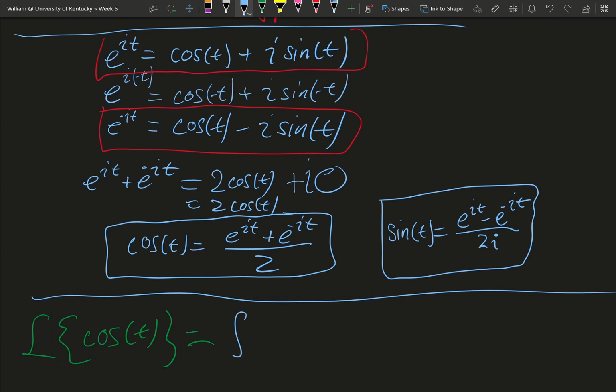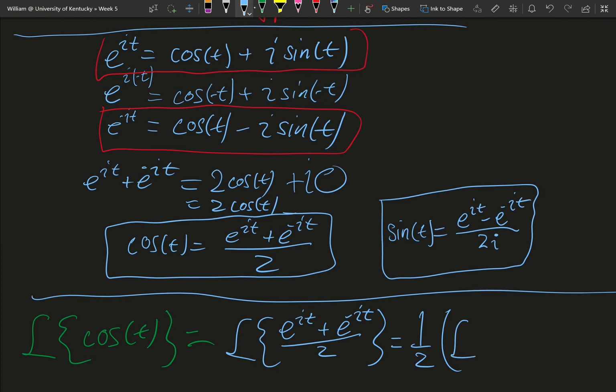Okay, well, if I just expand this as the Laplace transform of e to the it plus e to the negative it divided by 2, then remember, linearity says I can pull out the 1/2 and split up the sum.